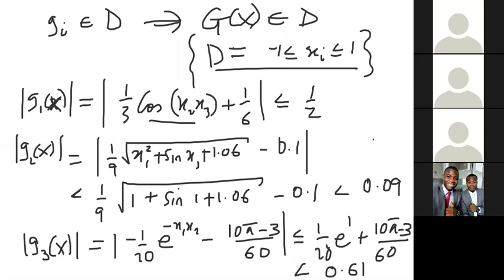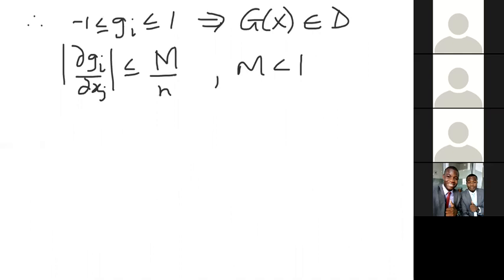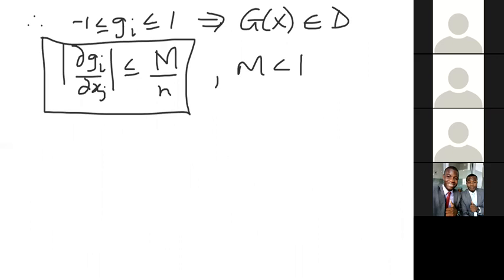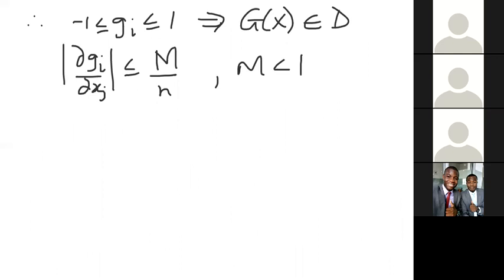Okay, so I was saying our next task is to show that this condition is also satisfied. Then if it is satisfied, we'll be able to say that this has a unique fixed point, not just any fixed point, but a unique fixed point.